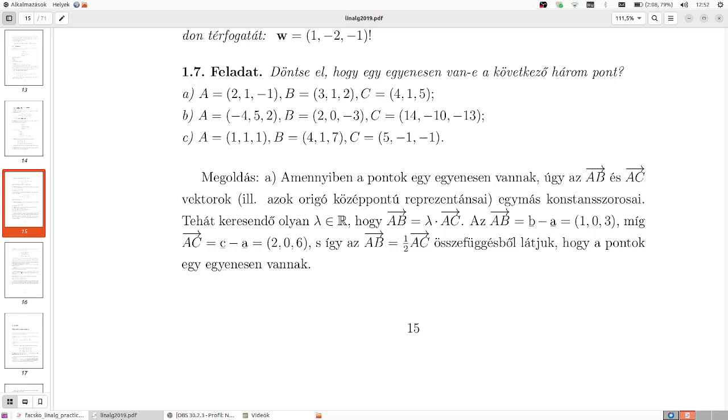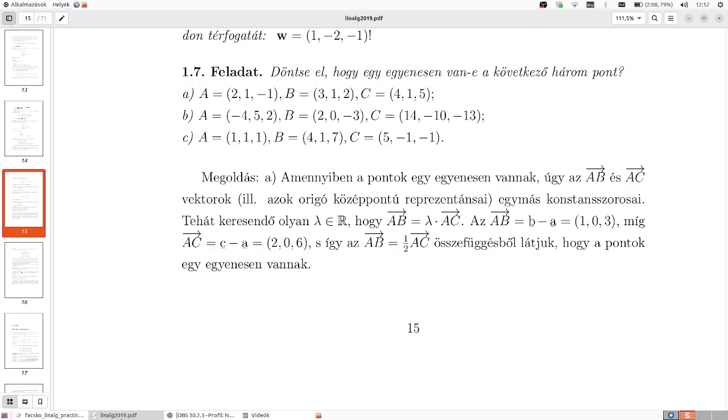We have C, it's 4 minus 2, 1 minus 1, and then, oh wait, 4 minus 1, that's okay, 5 minus 1, minus 1. So that's something wrong. 3 minus 2 is 1.